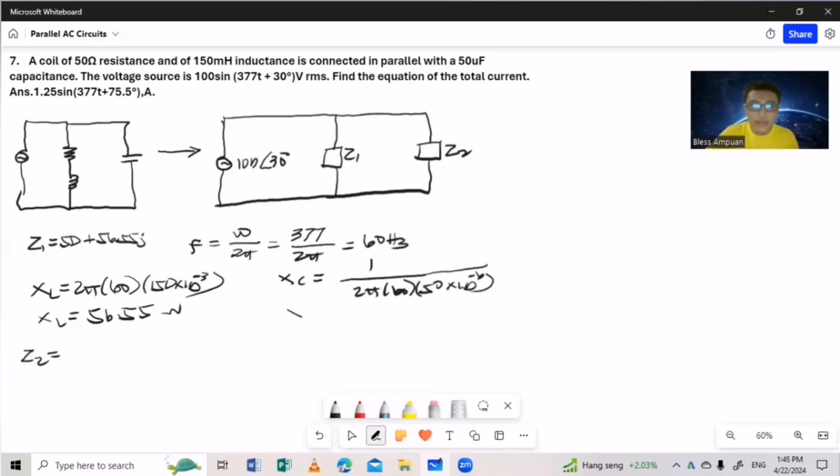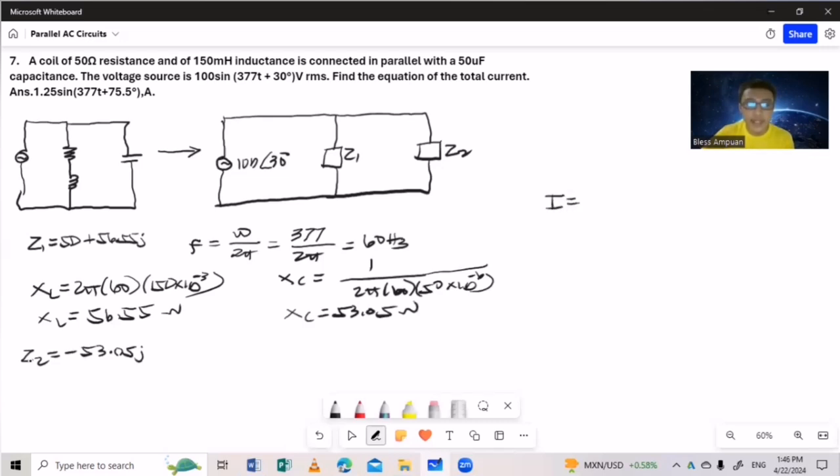Using the calculator, our X sub C is 53.05. Now our Z sub 2 is a pure capacitive, so this should be negative J X sub C.